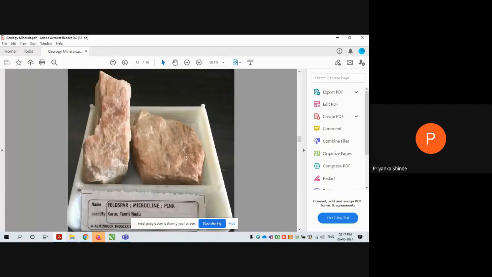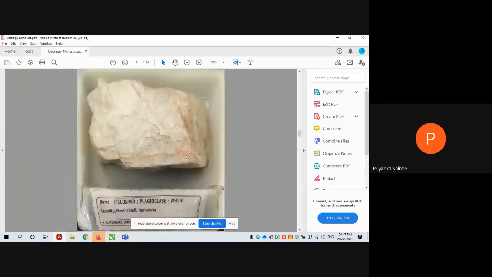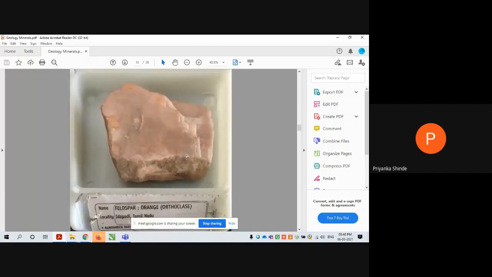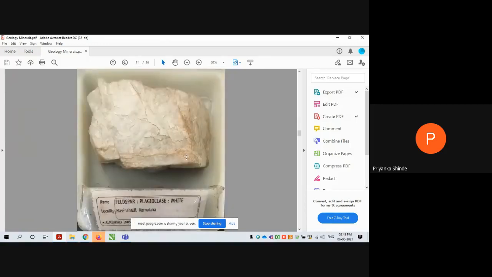Subvitreous is the luster. Then diaphaneity: whether the light can pass through or not. If you hold the mineral under light, light can pass through the edges, but you cannot see the object behind it. So all these are translucent in diaphaneity. Then hardness is 6.